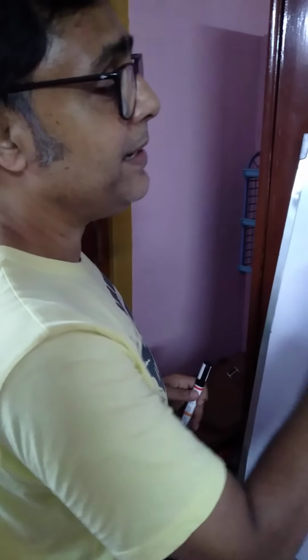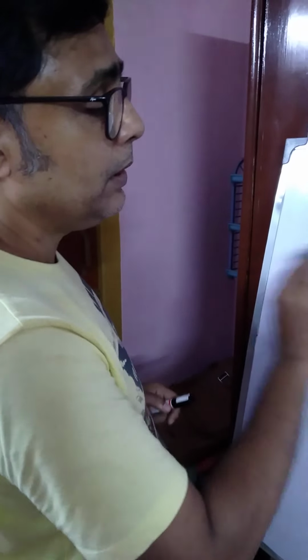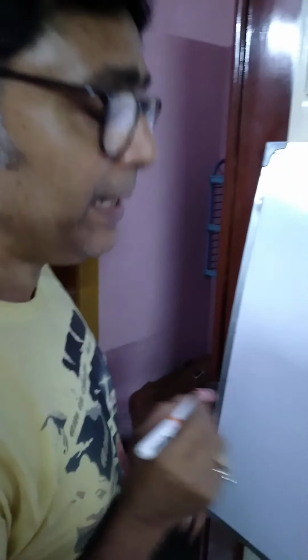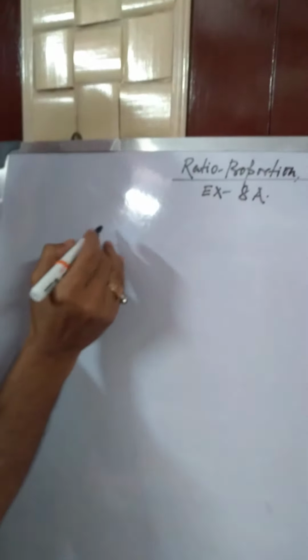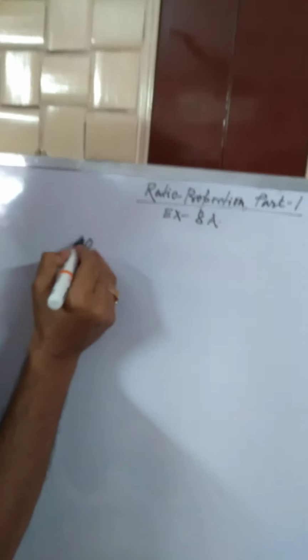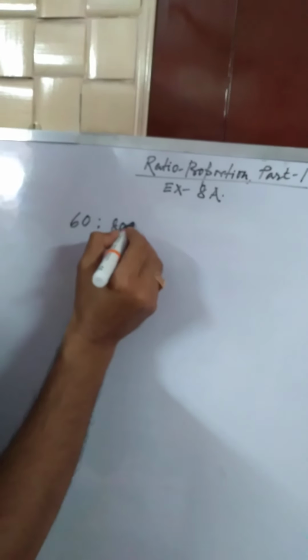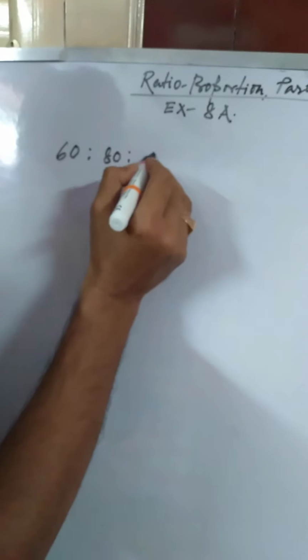So ratio is a comparison and it has no unit. And another thing is that you have to always express the ratio in its simplest form. For example, the marks obtained by three students in mathematics: one got 60, another got 80, and the third one got, say, 40.